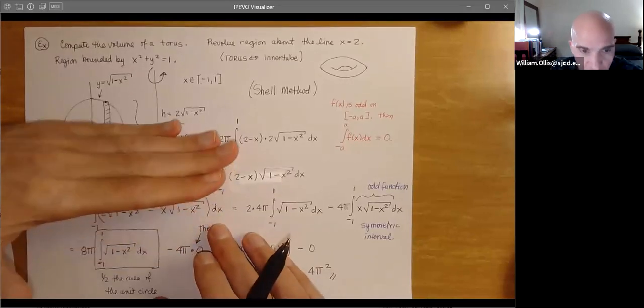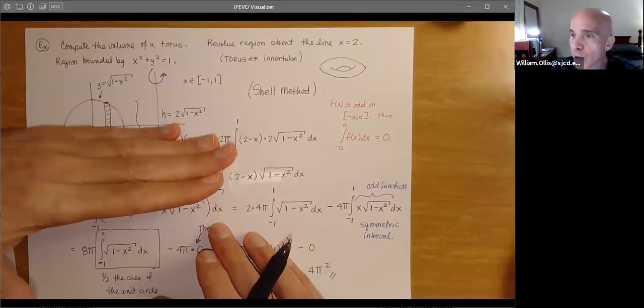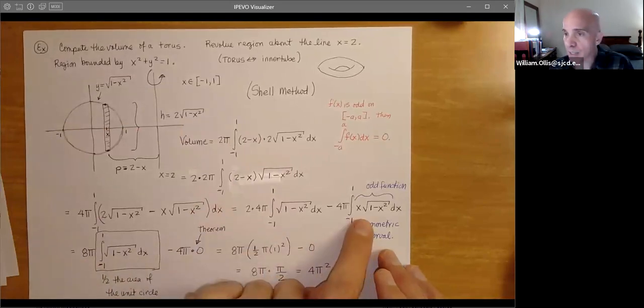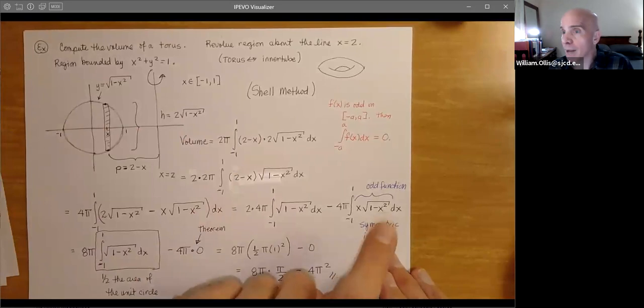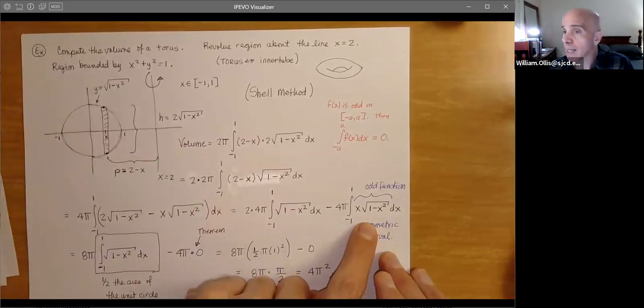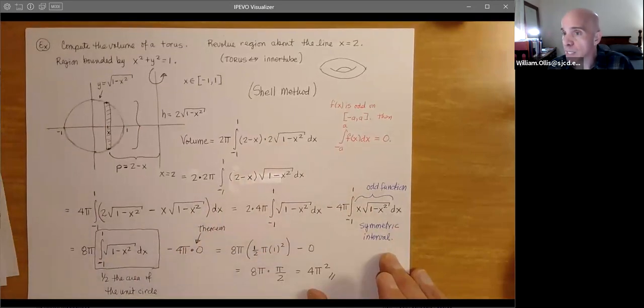And so when you think of this, that gives you half of the area of the unit circle, which is exactly what this integral is here. And then of course we have to multiply it by 8 pi. Now this integral looks a little bit difficult. I mean, not really difficult because you can use your substitution from Cal 1 and fine, you'd still get 0.